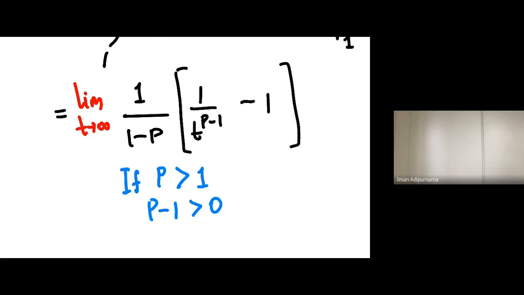What will happen with the infinity? 1 over infinity is 0, right? So if p is maybe 2 or 3, greater than 1, it will be 0, right?